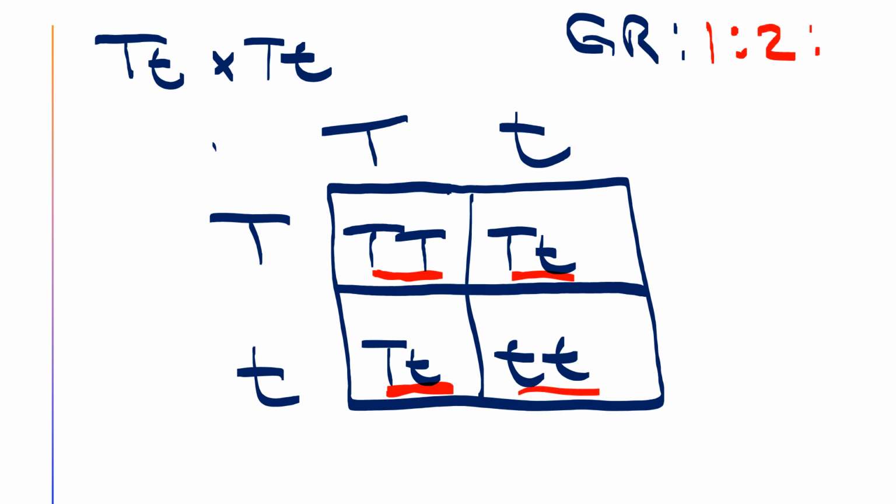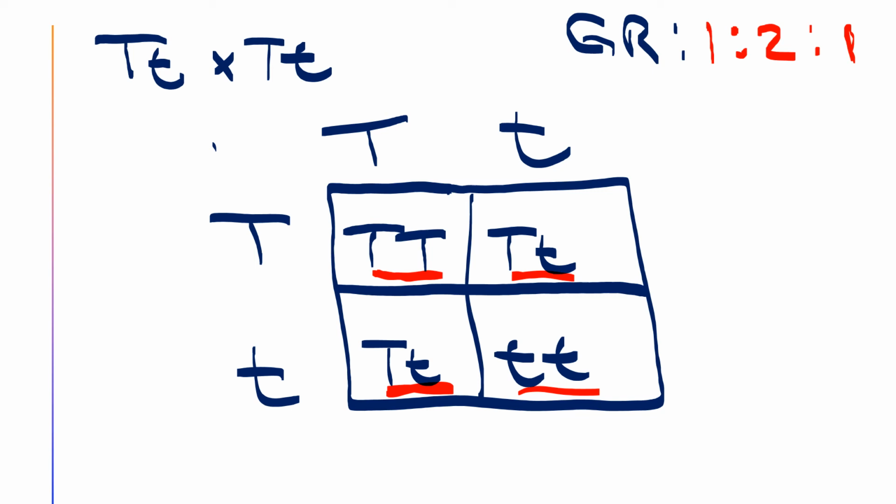And then there's 1 box that's little t, little t. So in this case, our genotypic ratio is 1 to 2 to 1, meaning I have a 25% chance of having a kid who's homozygous dominant, big T, big T. I have a 50% chance of having a kid who's heterozygous, big T, little t. And I have a 25% chance of having a kid who's homozygous recessive.